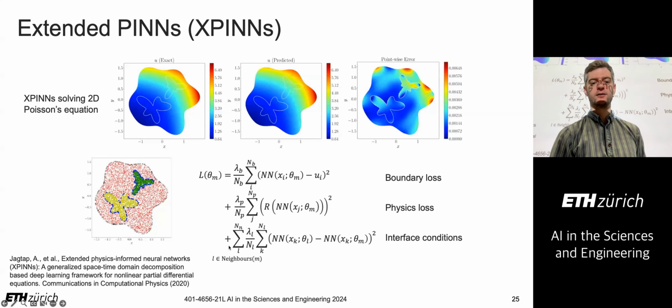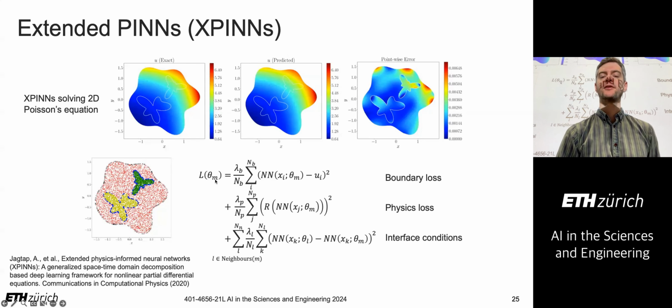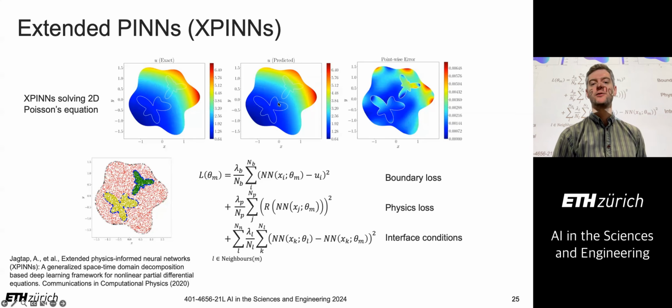And so here is the loss function for an individual subdomain. So M here is the number of the subdomain. And actually, the loss function looks very similar to the standard PINN. We have the boundary loss, we have the physics loss, but the important thing that we also have to include is interface conditions. So we have to say the solution along the interface should match across these different subdomains.